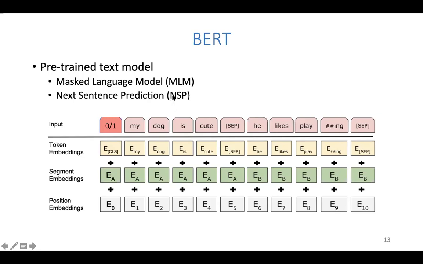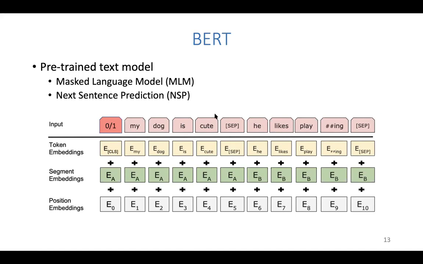The next sentence prediction task uses the CLS token, the special token, to classify whether these two sentences are consecutive or neighboring. Semantically, "my dog is cute" and "he likes playing" make a lot of sense when put next to each other.